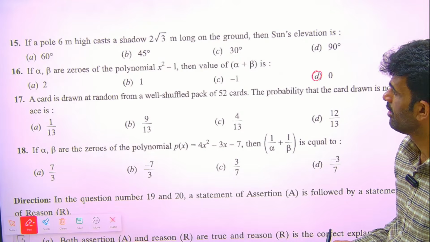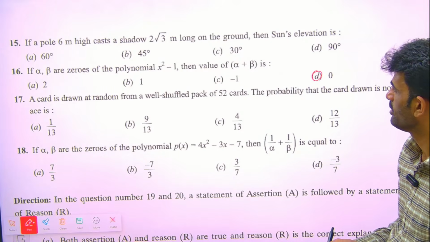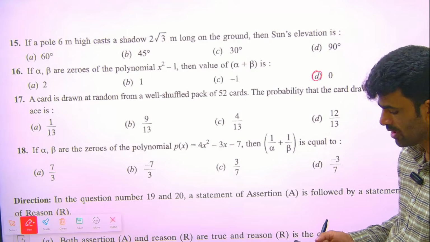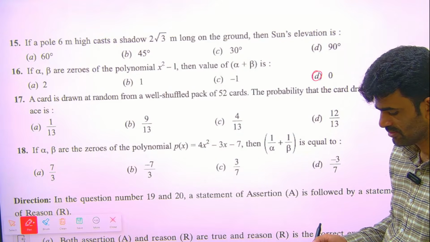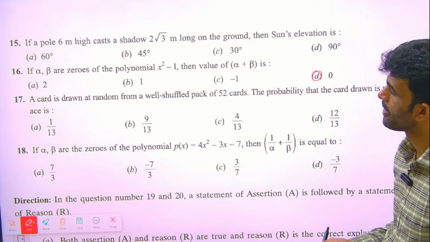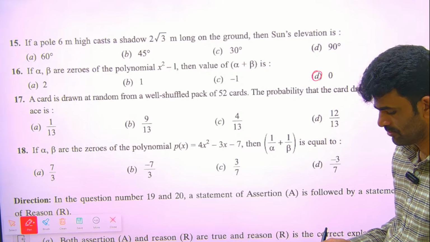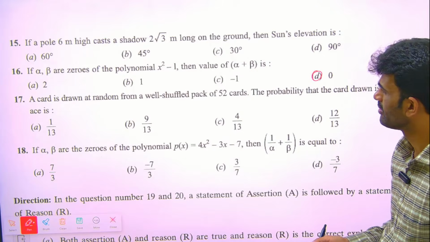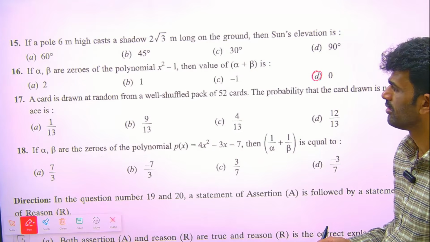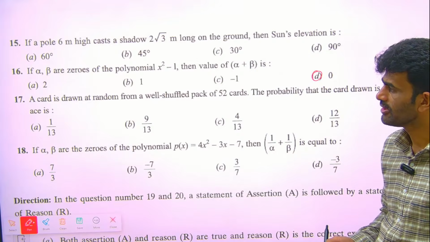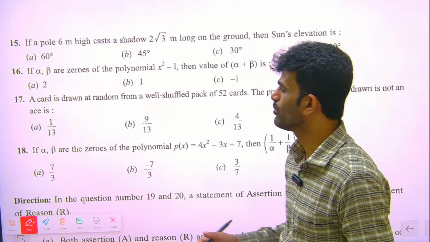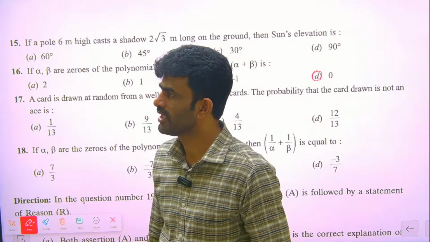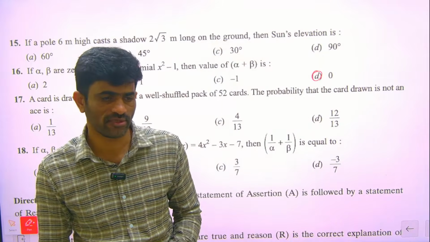Lena, question number 17. Question is not an ace. You should find the probability of card which is not ace. If they ask you ace card, it is 1 by 13. But they are asking not an ace.